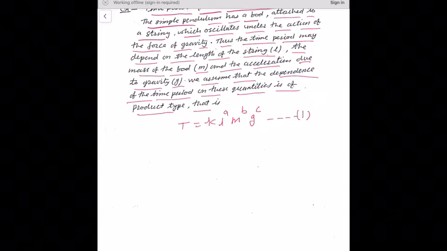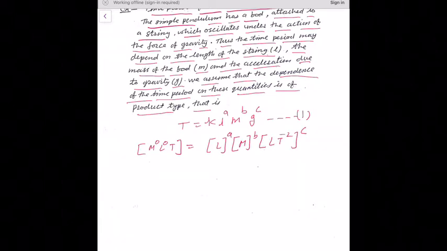Taking the dimensions of both sides, M0 L0 T1. Here k is a constant, so it is a dimensionless quantity, and dimension of l to the power a, dimension of m to the power b, and g is acceleration, so L1 T minus 2 to the power c.